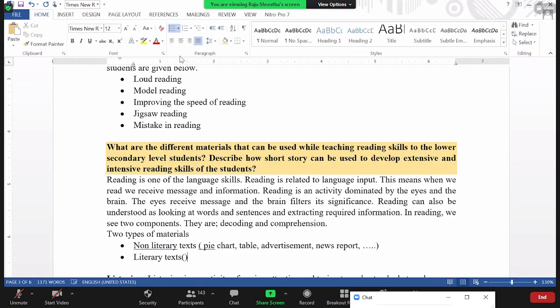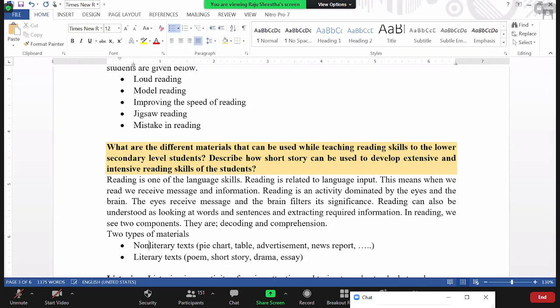And in literary text, poem is also one text for teaching reading. Short story is also one useful text to teach reading, and drama also. Then essay also we can use to teach reading.